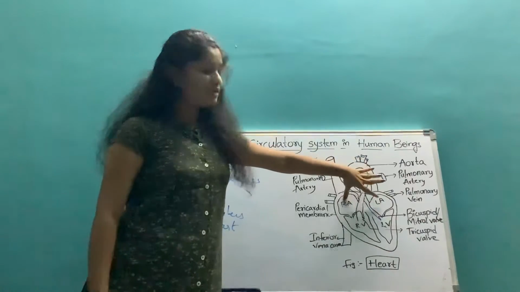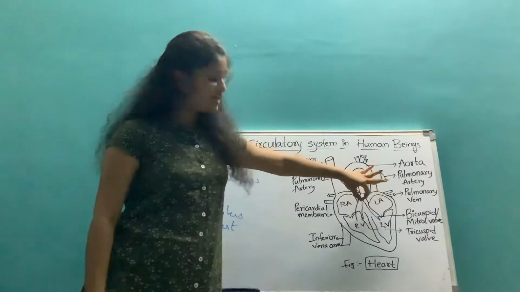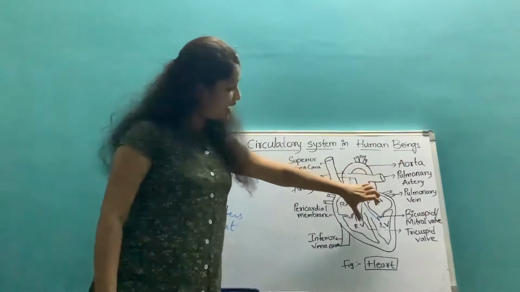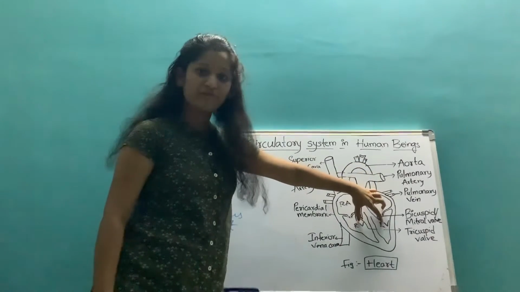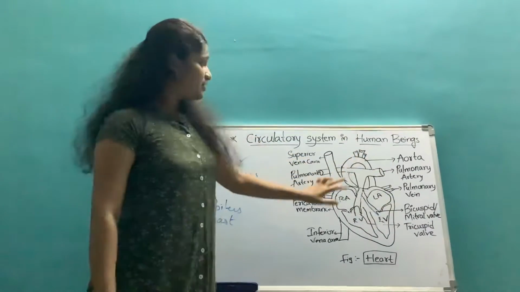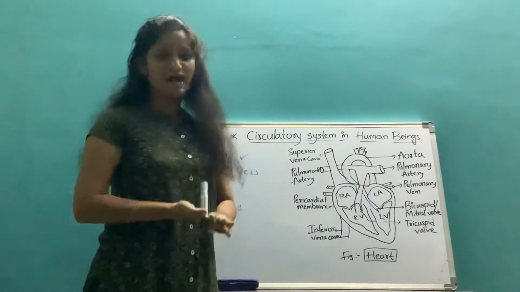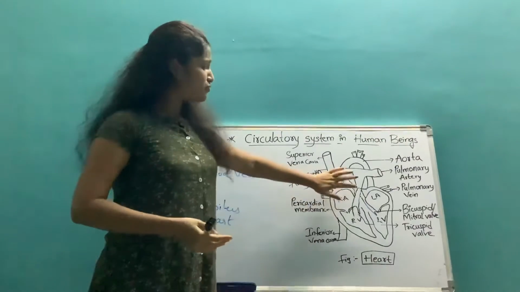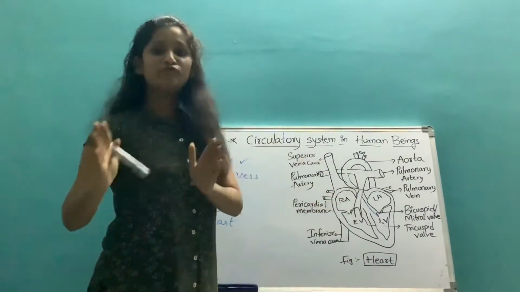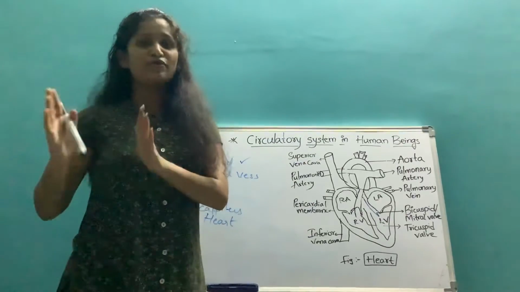The right atrium and the left atrium are separated by the interatrial septum, and the right ventricle and the left ventricle are separated by the interventricular septum. The heart has four valves. Two valves are called atrioventricular valves and the other two are called semilunar valves.